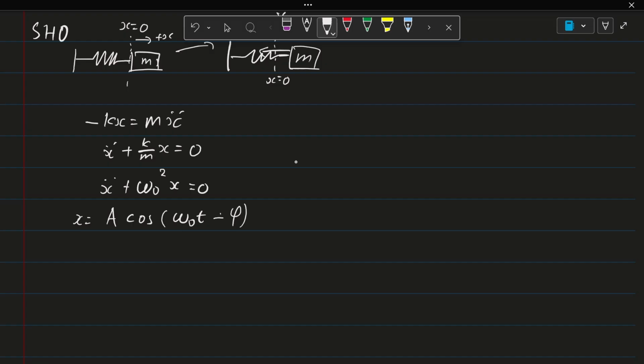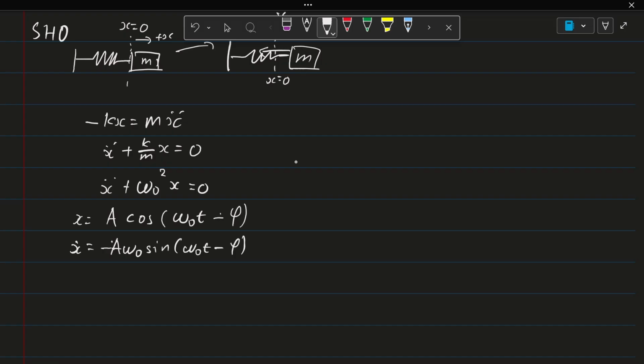And so you might be thinking, what about the energy of such motion? We could actually figure that out. One of the easiest things to think about is the velocity first. The velocity could be obtained straight away to be negative A omega 0 sine of omega 0 t minus phi.